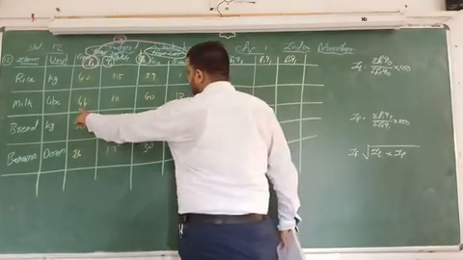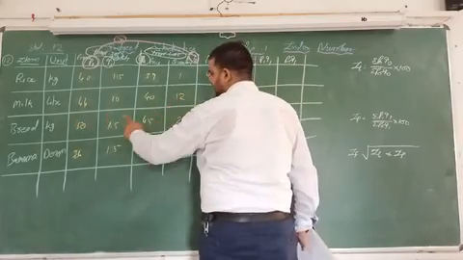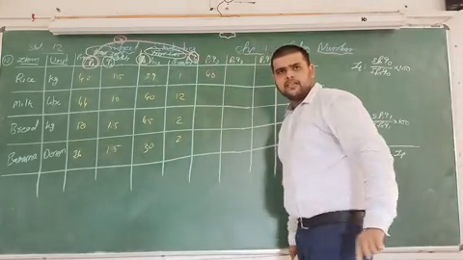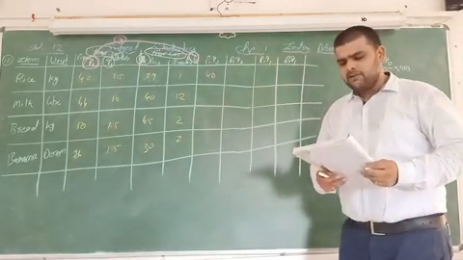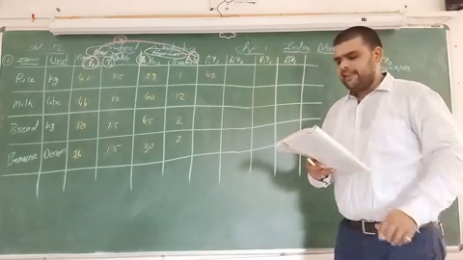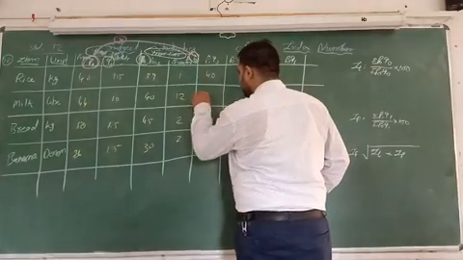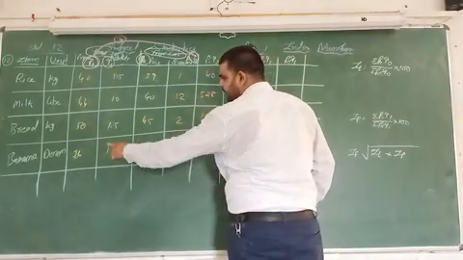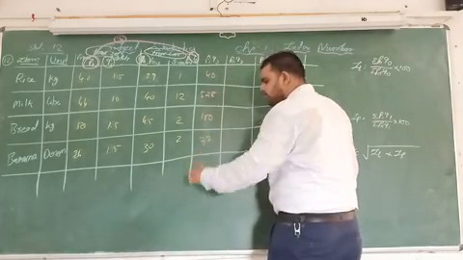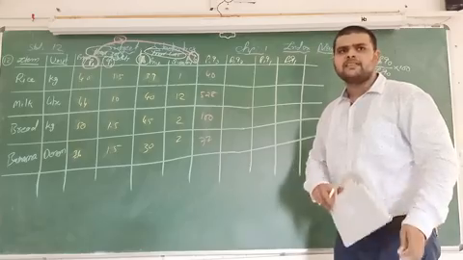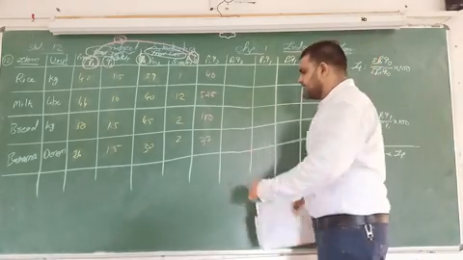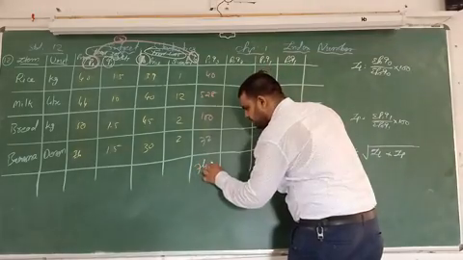Then 45 into 12, 50 into 2, and 36 into 2. In this way we have to find out four things. So here we get 540, 50 into 2 means 100, and 2 into 36 is 72. And sigma, that means summation. The summation of the four things is 740.